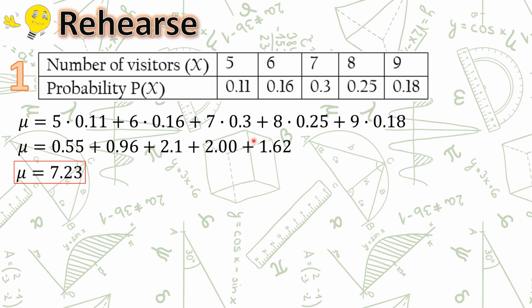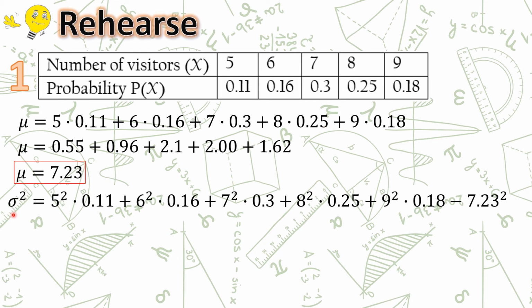Now let us proceed to the variance. So we'll have the square of each value of x times the corresponding probability: 5 squared times 0.11 plus 6 squared times 0.16 plus 7 squared times 0.3 plus 8 squared times 0.25 plus 9 squared times 0.18 minus the square of the mean, 7.23 squared.